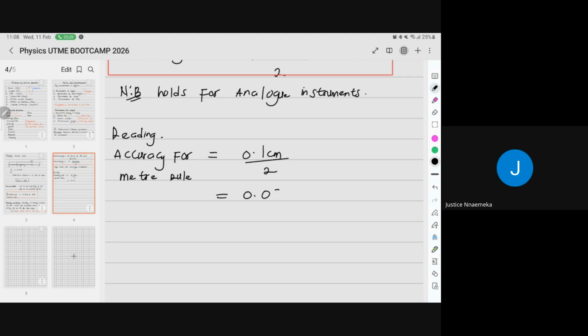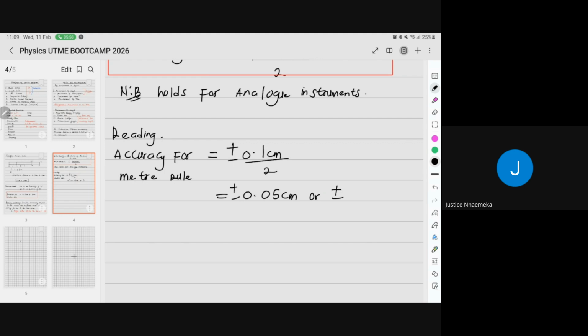Okay, 0.05 centimeter. Are we on the same page, guys? But remember it's going to be plus or minus, please. Let me confirm that division and let's be sure. Yeah, 0.05 centimeter, plus or minus.